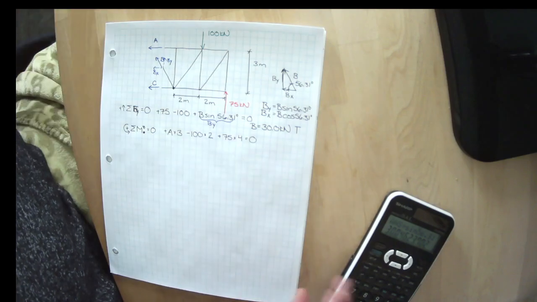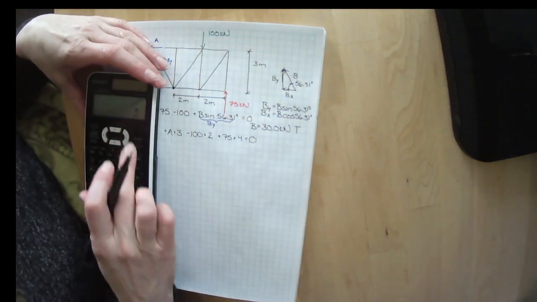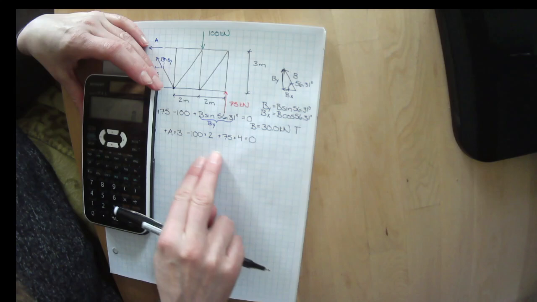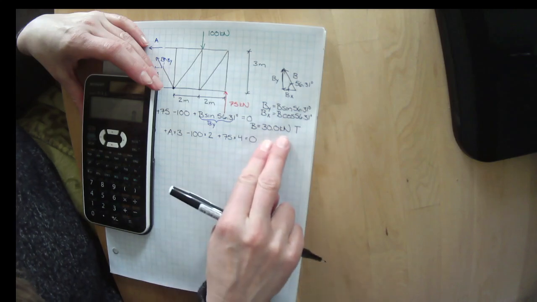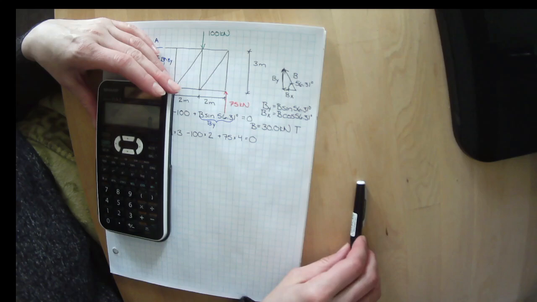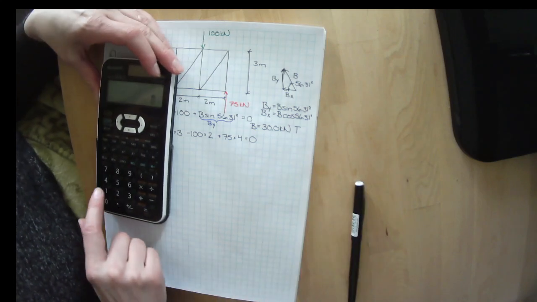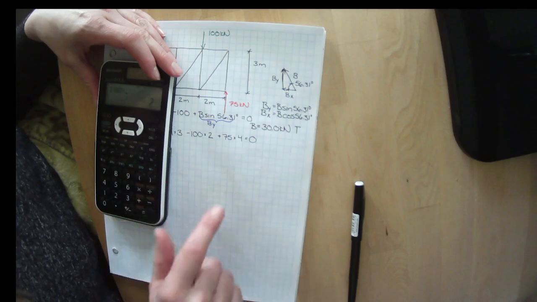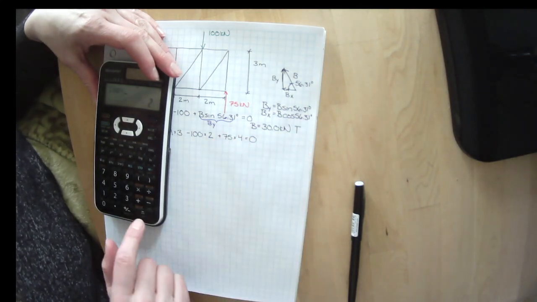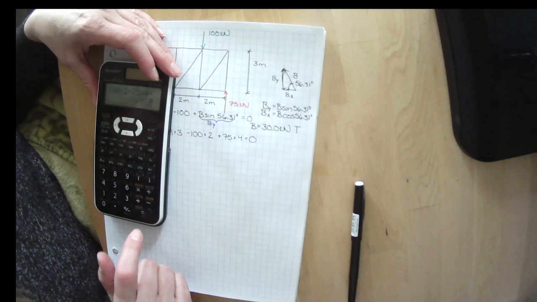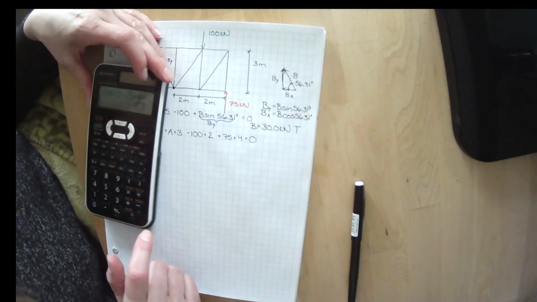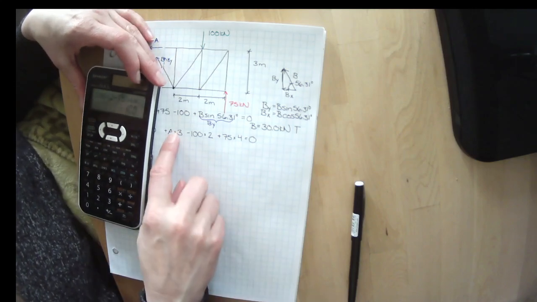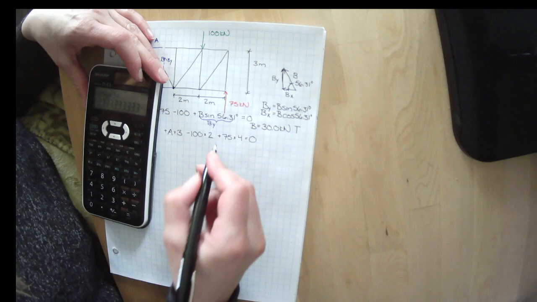I can rearrange this. I'll bring my minus 100 times 2 over to this side, or 100 times 2. Bring this over and it becomes a negative, minus 75 times 4, and I get minus 100 divided by 3.